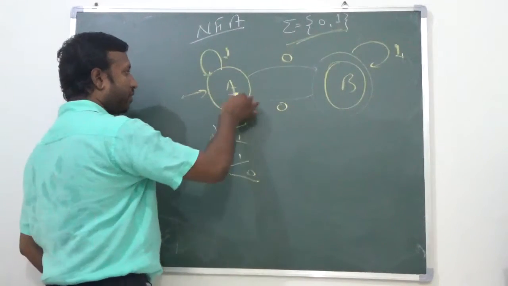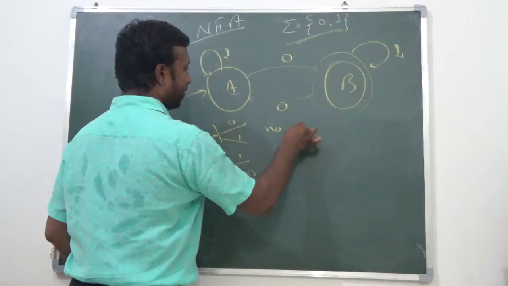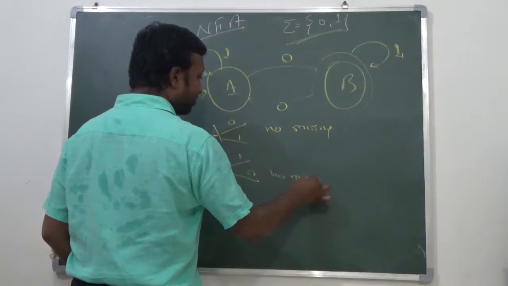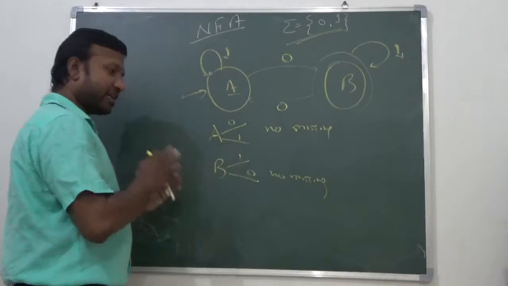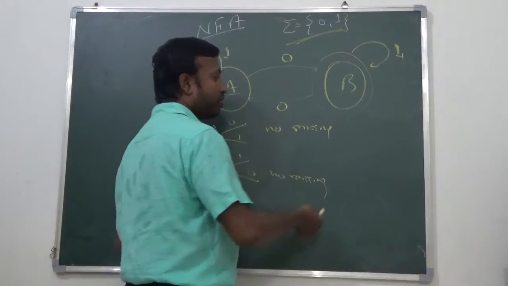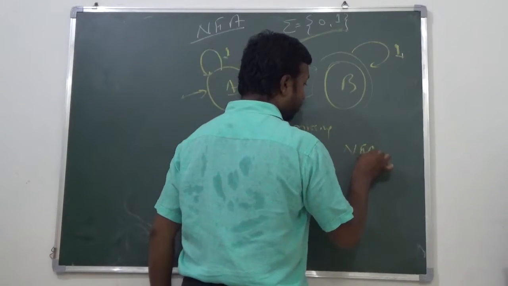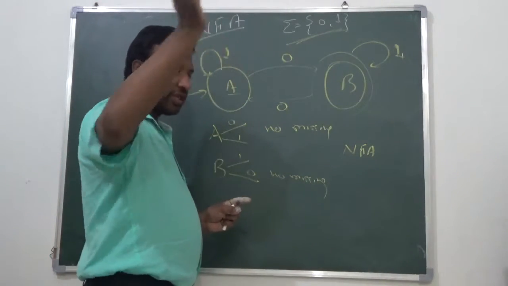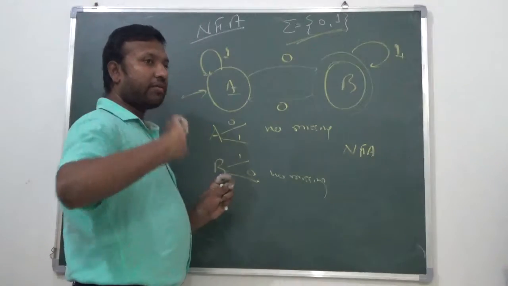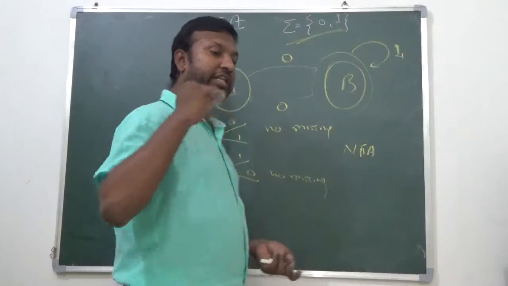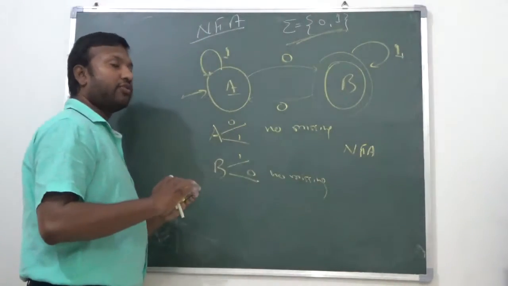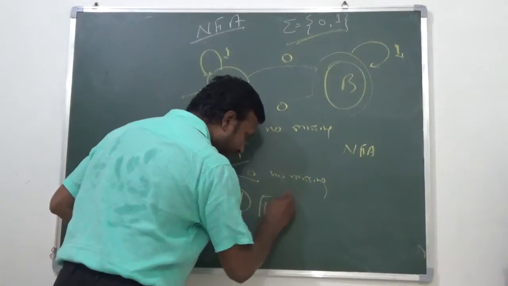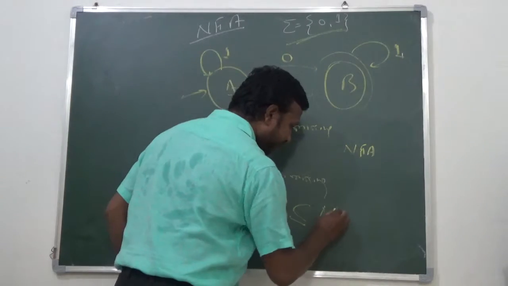In this case, from A there is nothing missing, and from B also nothing missing. That means it is a DFA for sure, but it is also an NFA. So the basic broad category is NFA. NFA is talking about all the possibilities. DFA is not talking about possibility; DFA says there must be this, but NFA says there should be some possibility. So DFA is basically nothing but a subset of NFA.